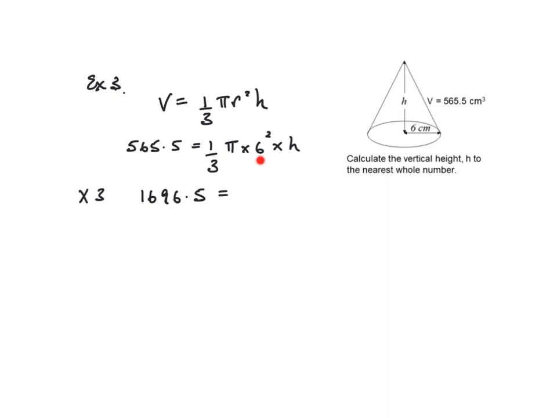Now 6 squared is 36, so it's going to be 36 times pi times h. 36 pi h.